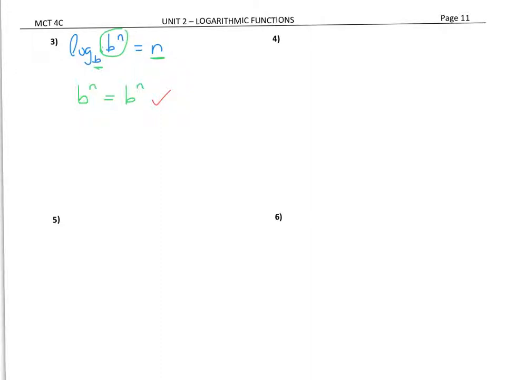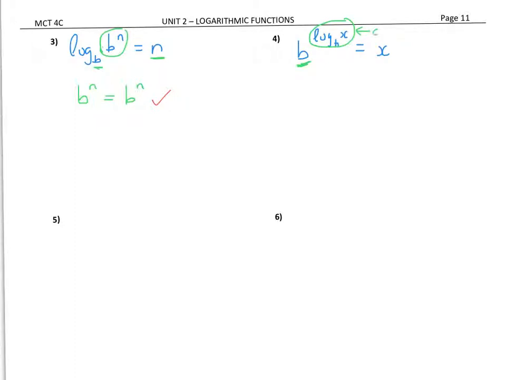The fourth one goes the other way this time. I have a base of b, and the exponent is the log of x with a base of b, and that would equal x. This one looks tricky, but again, we just switch it. Think of this as exponential form, where b is our base, the whole log piece is the exponent, and x is our answer.